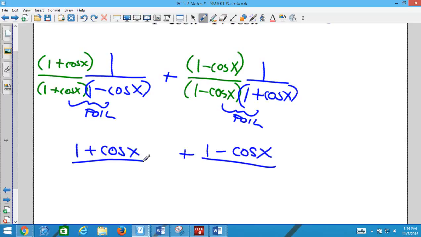Stop talking for a second so that you can FOIL the denominators. Thank you. You guys get it close?